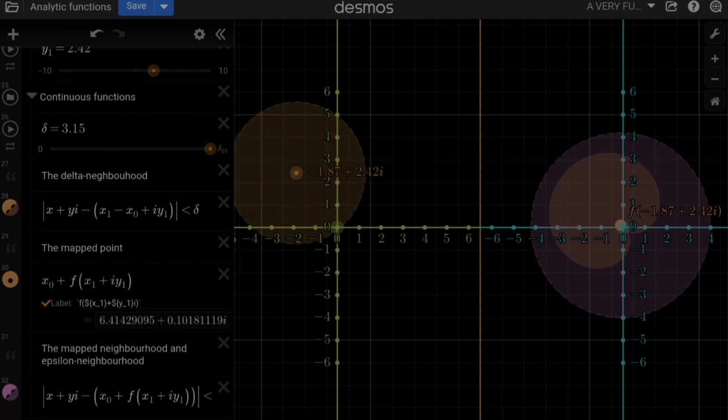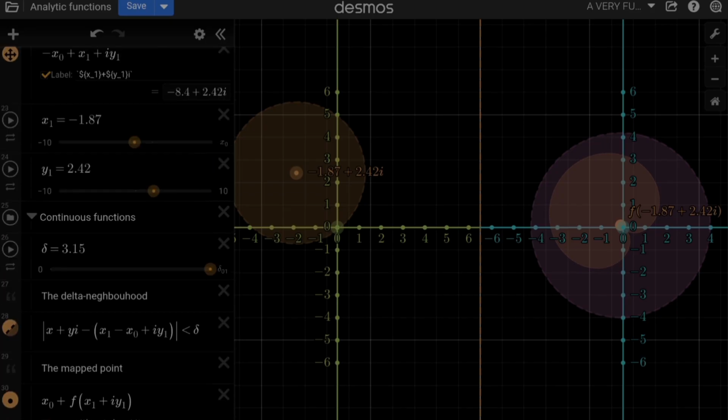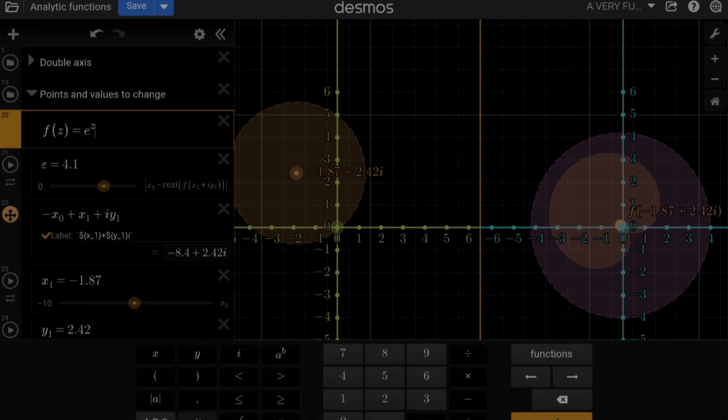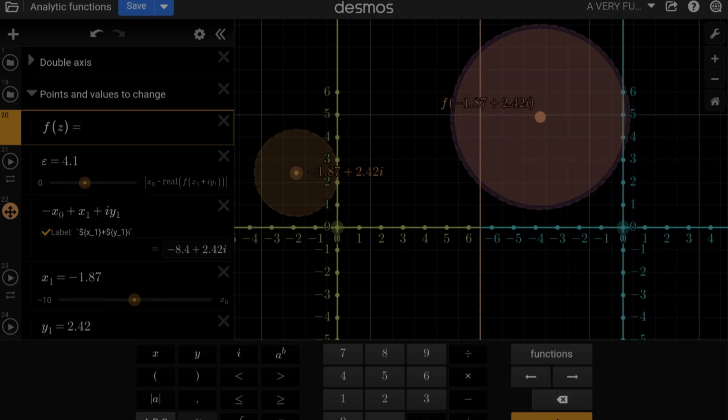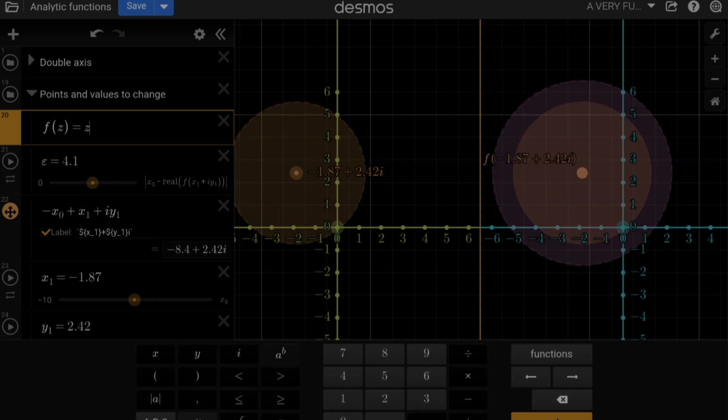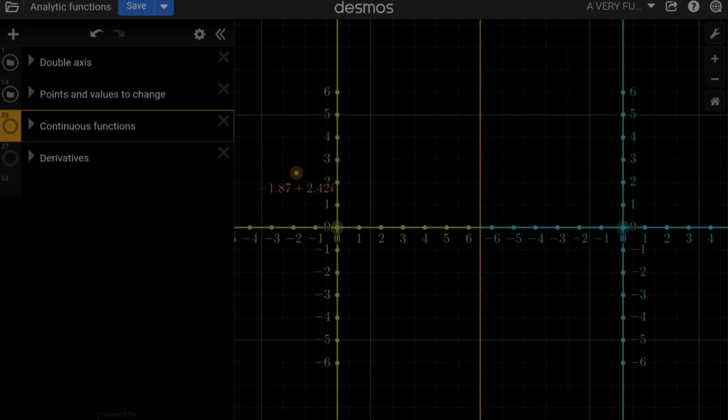As you can see, the mapped neighborhood is yet again a subset of the epsilon neighborhood. So e to the power of z is indeed continuous too. Now let's return to the function z squared. And the next visualization will be shown when we will talk about the derivatives of our functions.